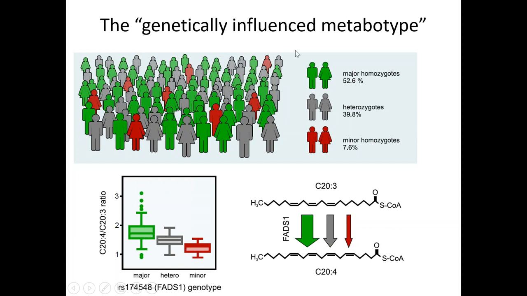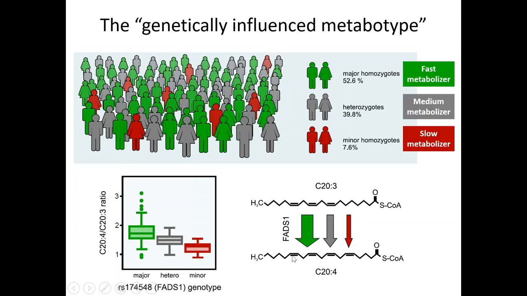So in this case, for instance, the difference between the green and the red genotype carriers would be basically a factor of 50%, so that we can say that these are fast, medium, or slow metabolizers actually for the FADS1 reaction, which produces arachidonic acid, which again is a very important precursor of prostaglandins. So you can already imagine that this genetic variant will have a certain impact also on health, and I will be coming to that in a moment.